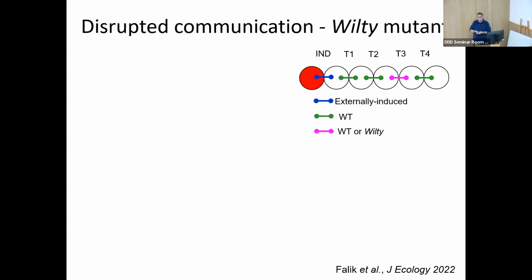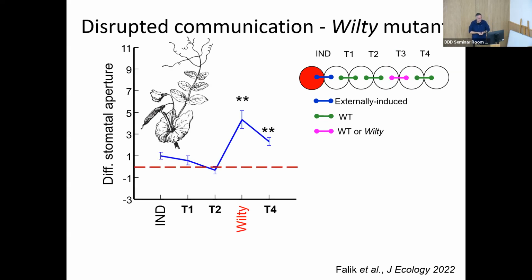The way to first give a first stab at testing it was to run the very same type of experiments, but putting one mutant on the chain. So this would screw up the communication, right? If ABA is at all involved, right? And this is exactly what we did.